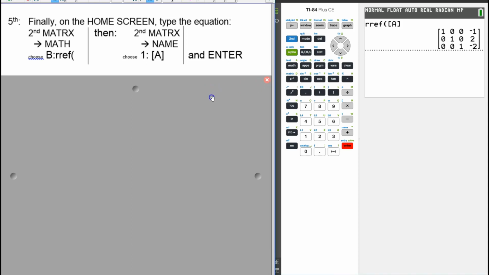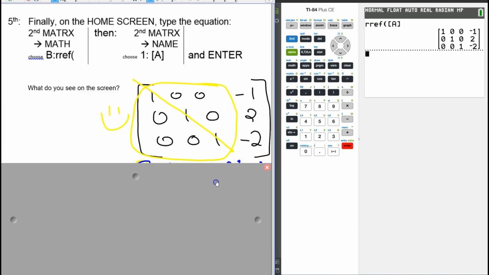Okay. Alright, so what do you see on the screen? We're seeing 1 0 0 -1, 0 1 0 2, 0 0 1 -2. Now, what we want every time, we have to look up front and check to see if we've got this block with a diagonal of 1s surrounded by 3 zeros here and 3 zeros there.